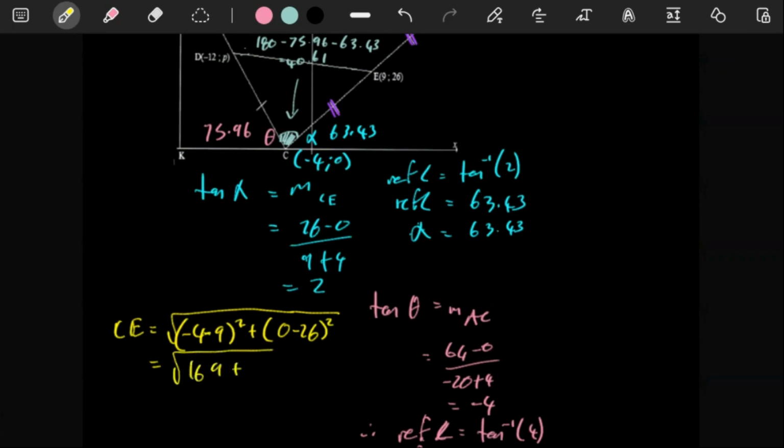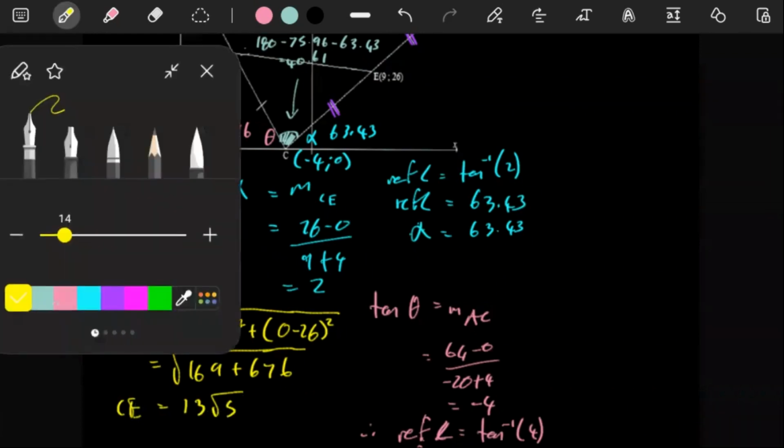And 26 squared is 676. 169 plus 676 gives 13 square root of 5. It's all good. Let us keep it moving.